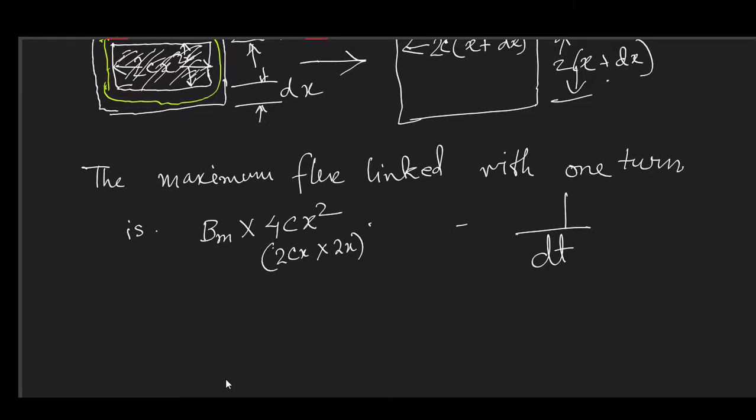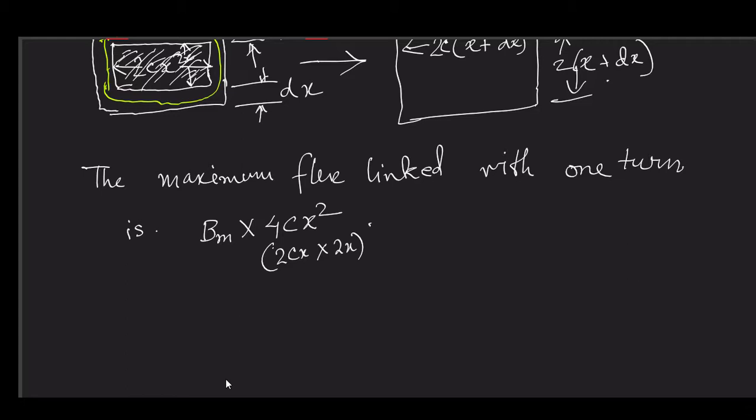Now if we find this, we will observe that in one cycle it is Bm 4c x square. In one complete cycle it goes from 0 to 4cx square, then again 0, then again 4cx square, then 0.